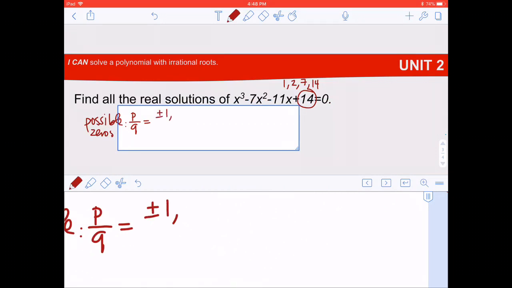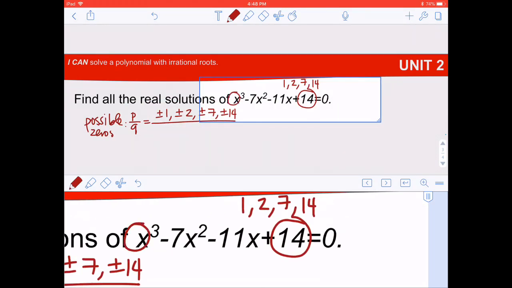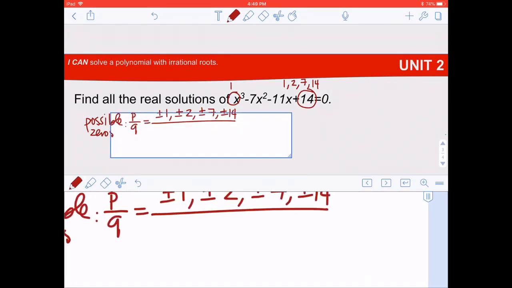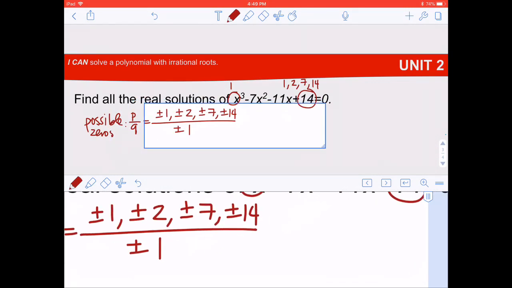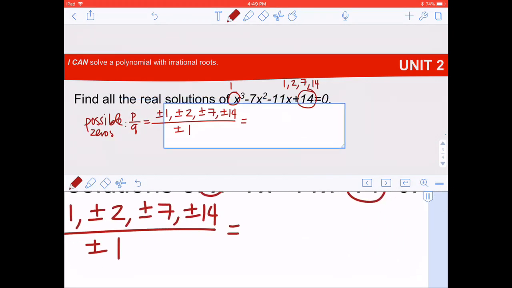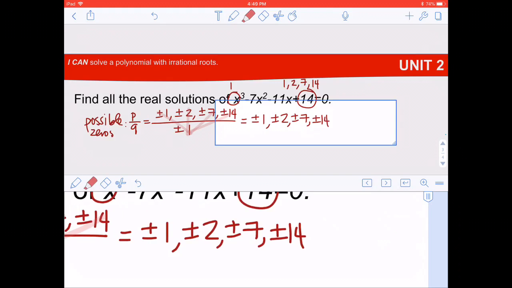So we have plus or minus 1, plus or minus 2, plus or minus 7, and plus or minus 14, all over the factors of the leading coefficient, which here is just 1. So we'll have plus or minus 1. So you see we have a more reasonable list of possible zeros. We're just taking each of these and dividing it by 1. So nice and easy. We have 8 possible zeros here.